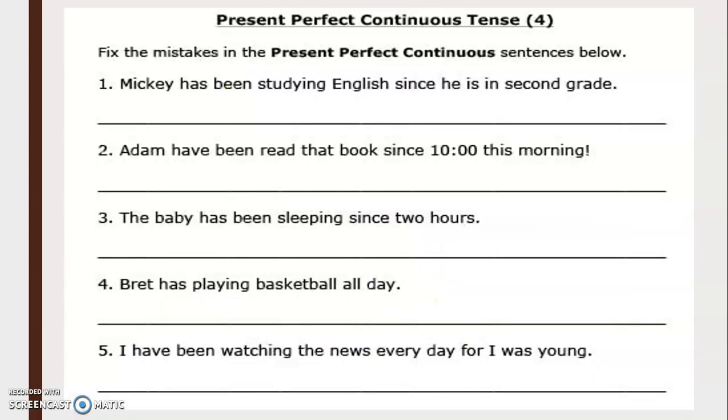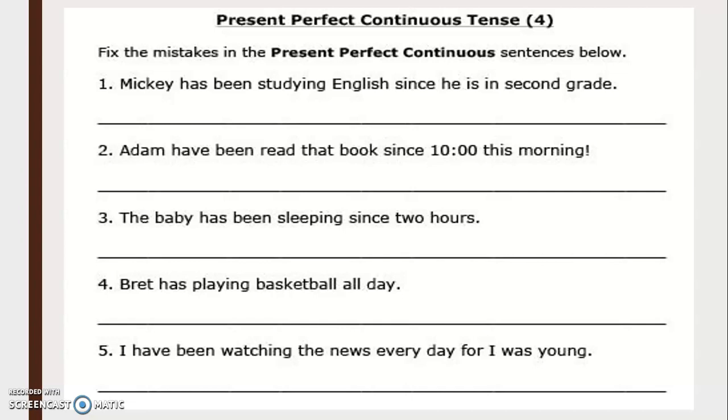Now in your Google Classroom, I attached an error identification exercise, and this exercise is more focused because I want you to look for mistakes in the present perfect continuous tense.